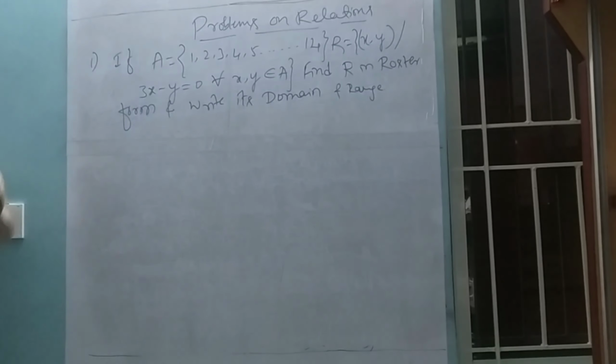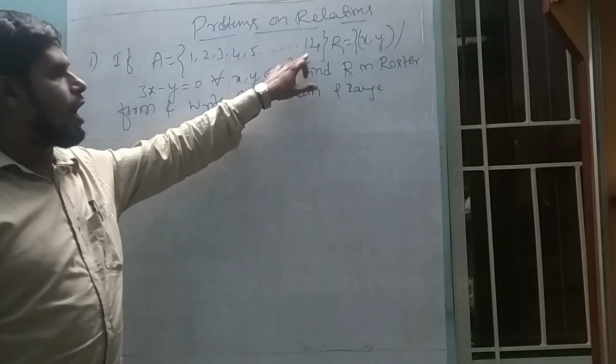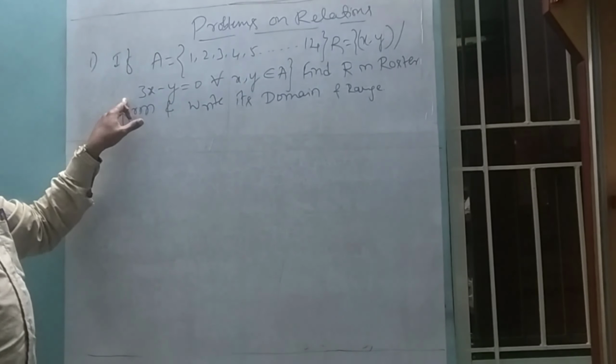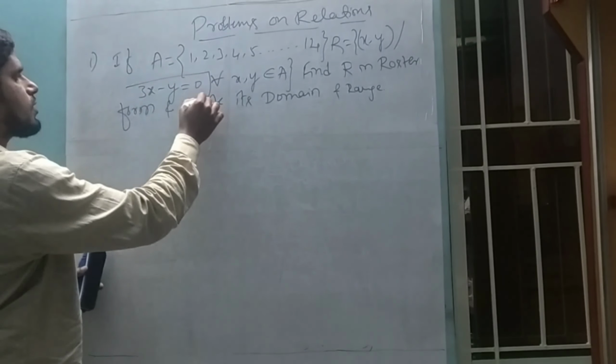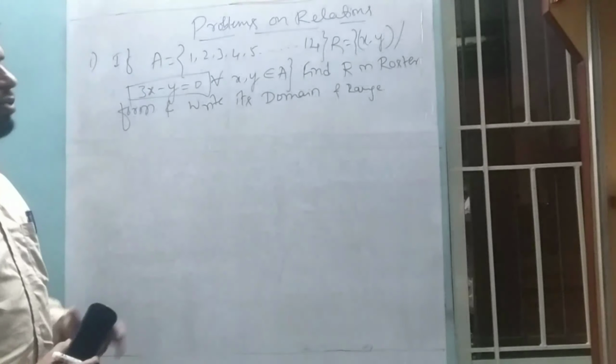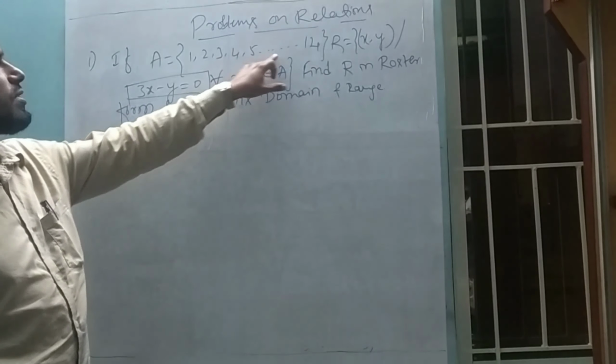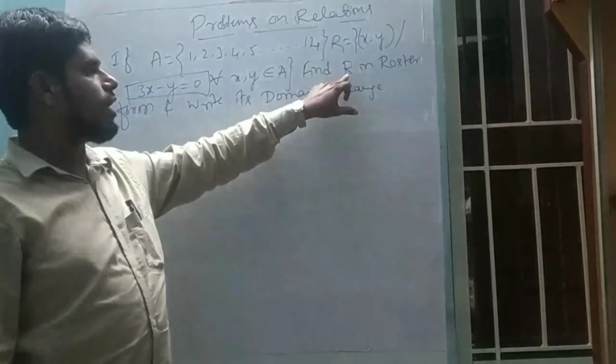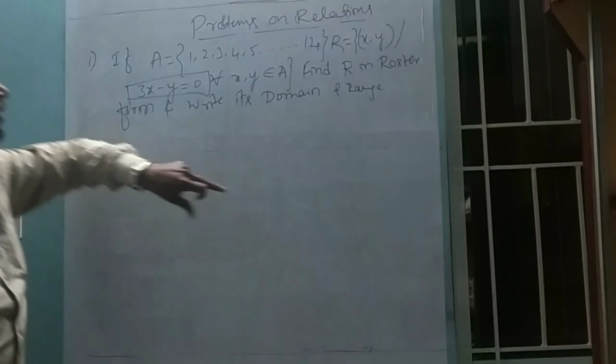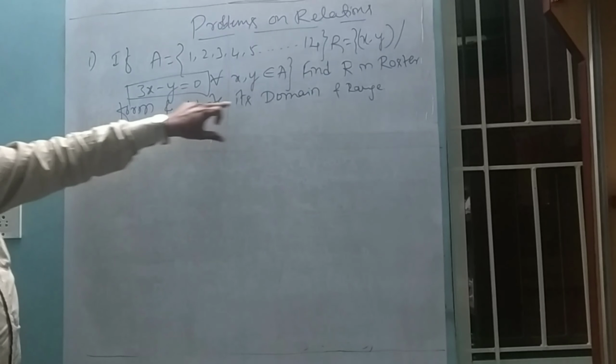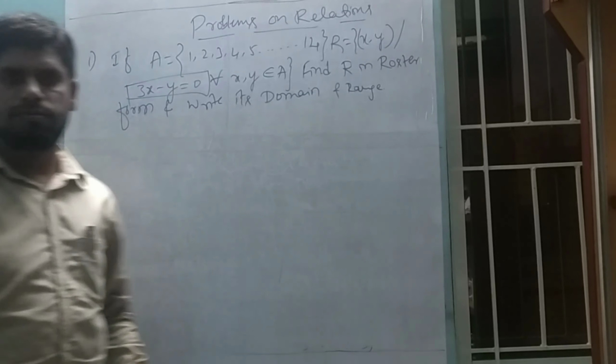He has given a set here and one relation is defined, and the relation defined here is 3x minus y is equal to 0, where x and y are elements of set A. He is asking us to write the relation in roster form, and we should find its domain and range.